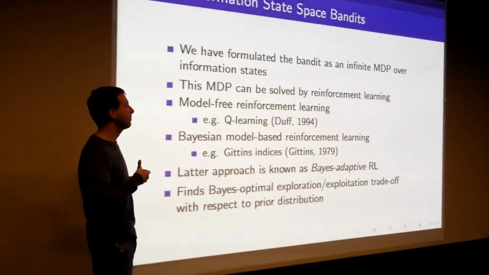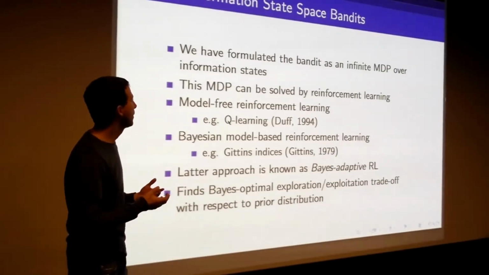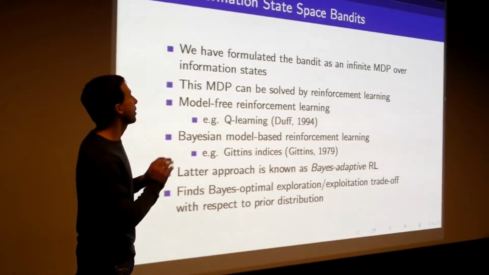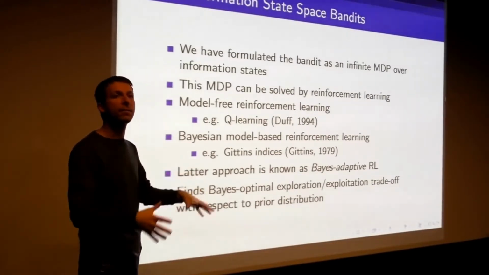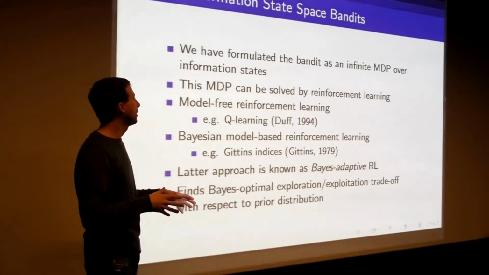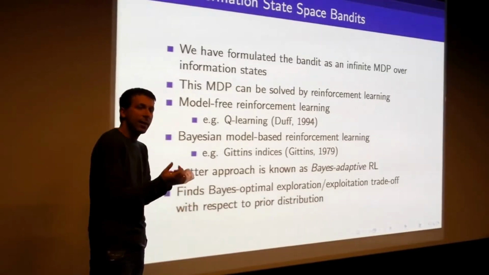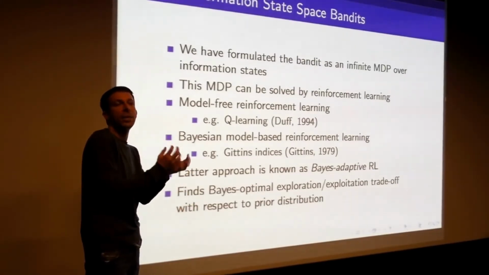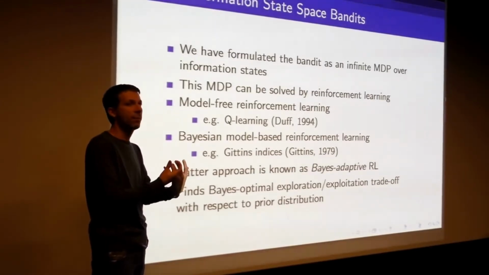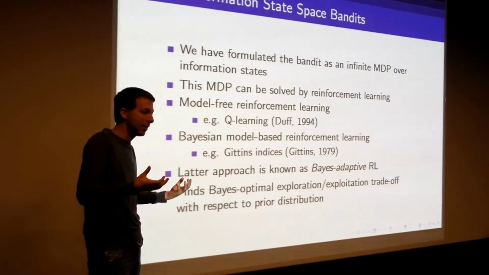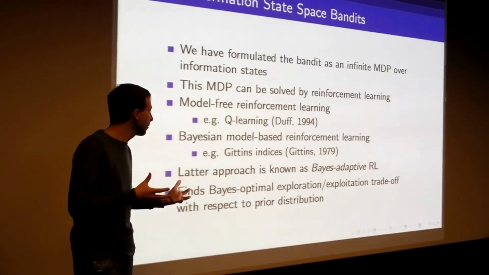So it basically means you start off, okay, now let me clarify that. We can work with information states, and there are many, many different ways to work with information states. If we characterize our information by a posterior distribution, then that's what's known as Bayes adaptive reinforcement learning. That you characterize, like in this drug example, what would it look like?